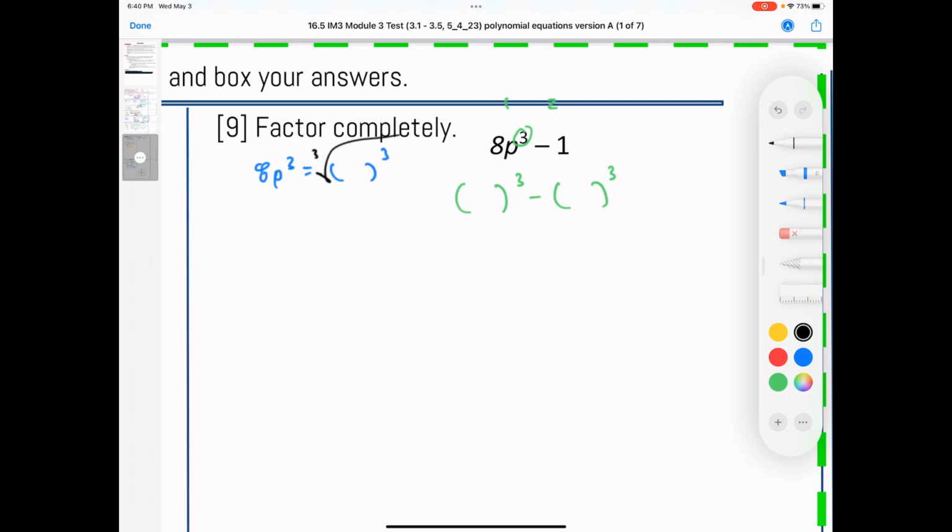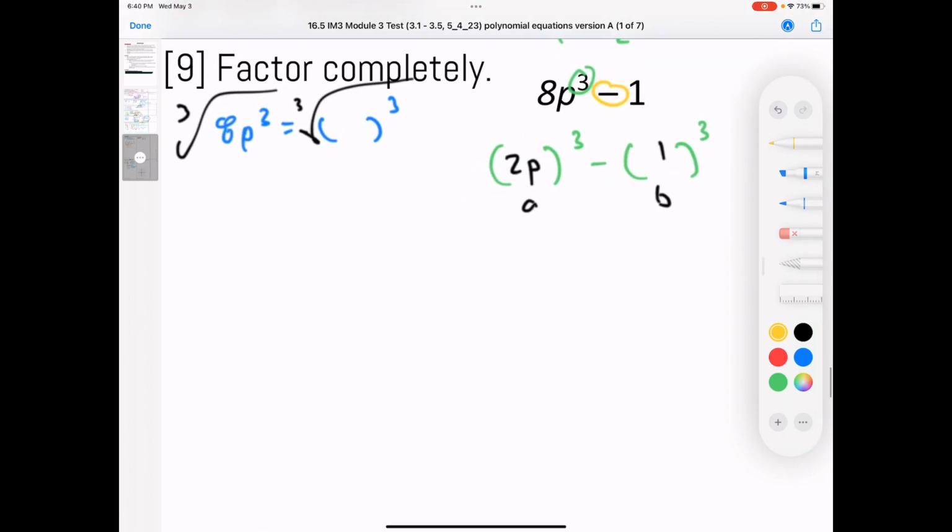If you do a cube root, you realize that it is 2p. And this one is just a 1. This is your A, your B value. So you have a difference. So the formula is A minus B to the third power.